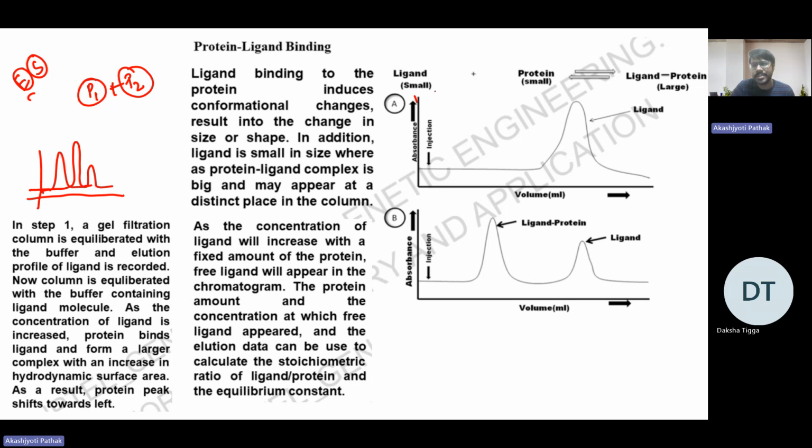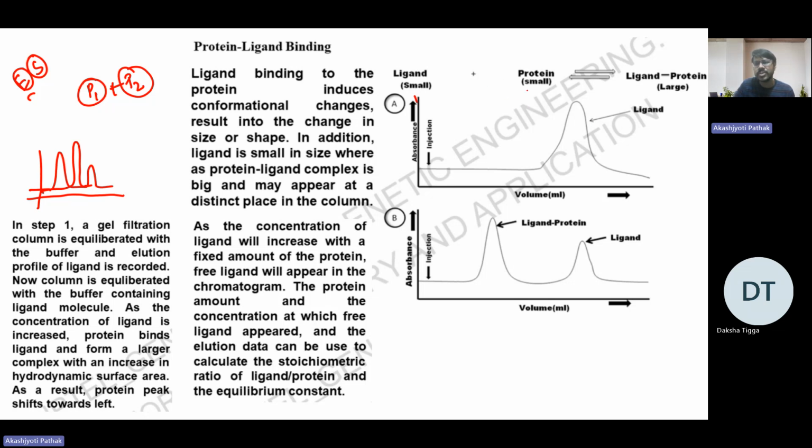There is a ligand which is small, and this ligand interacts with the protein, and you get a ligand protein complex. Your ligand, because it is small, is eluted much later. So you have a peak over here. Now what will happen as you are adding protein? You have set up a reaction in such a way that you are adding increasing concentration of protein gradually.